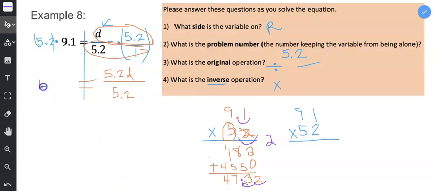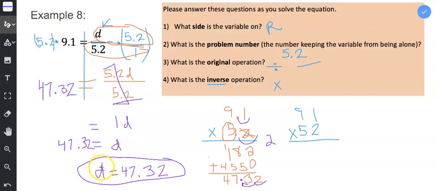So the answer is 47.32, or you could say 47 and 32 hundredths. 5.2 divided by 5.2 is 1, so we're left with 1d, which is the same thing as d. I bring down the equal sign, and it looks like our final answer is 47.32. And this can be rewritten as d equals 47 and 32 hundredths.